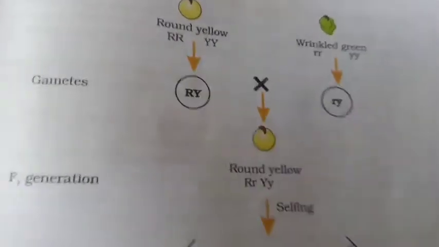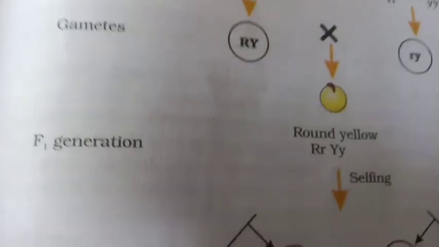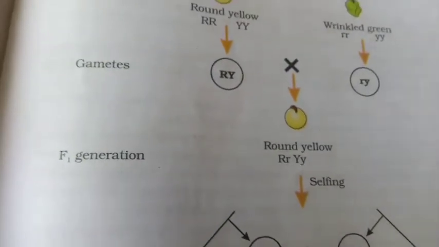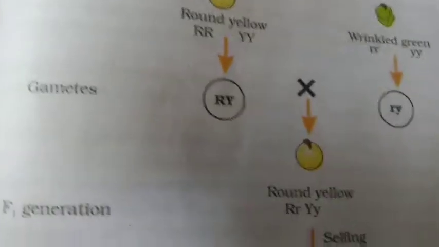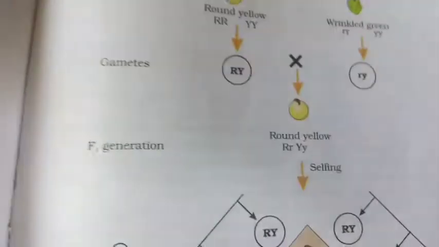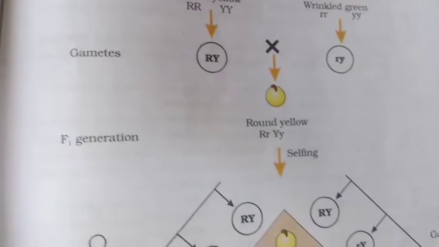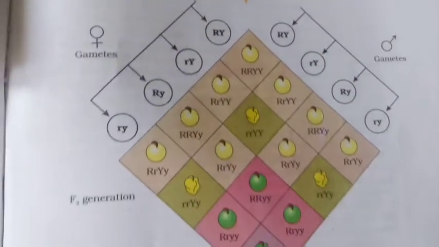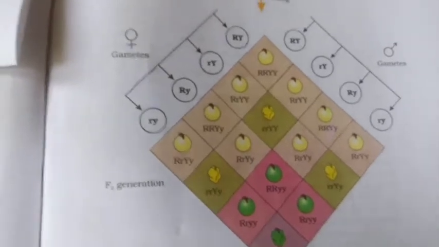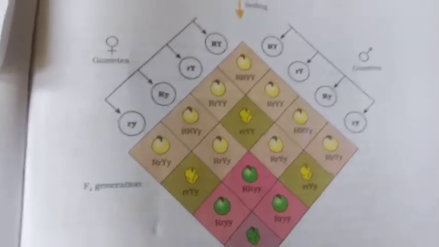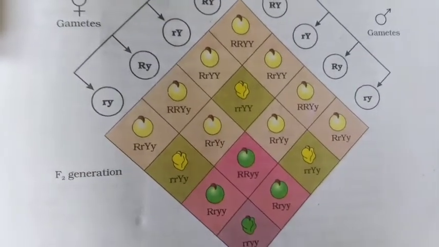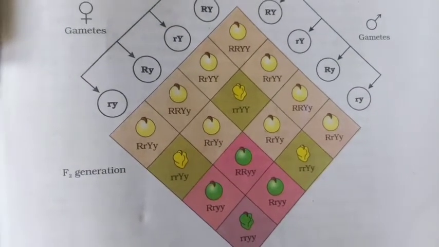Here you can see in the F1 generation, all the plants produced seeds which were yellow and round. When selfing was done with the F1 plants, this is the final result for the F2 generation.